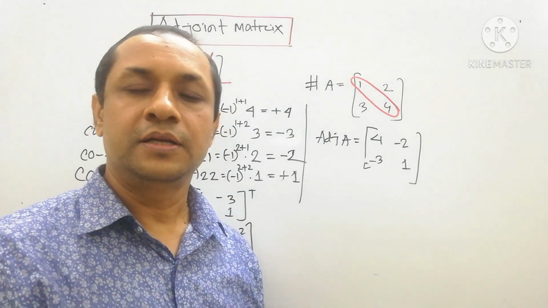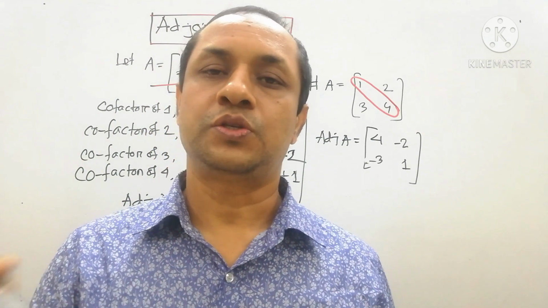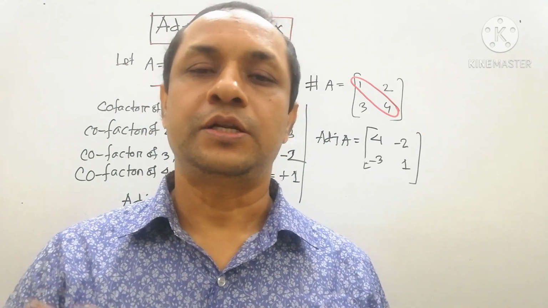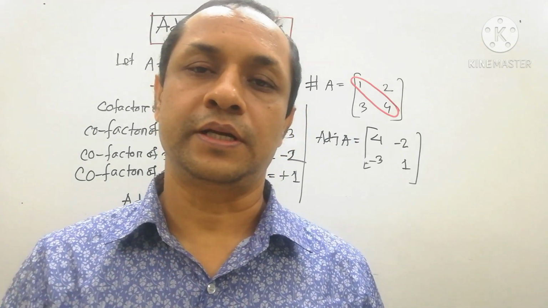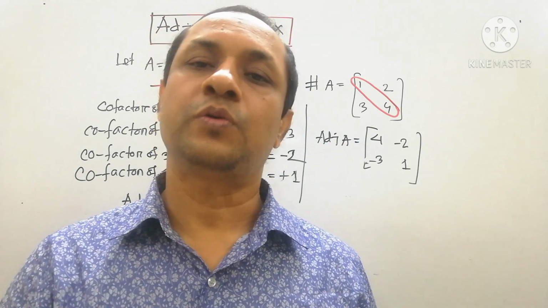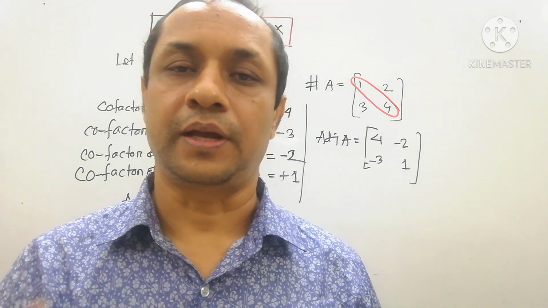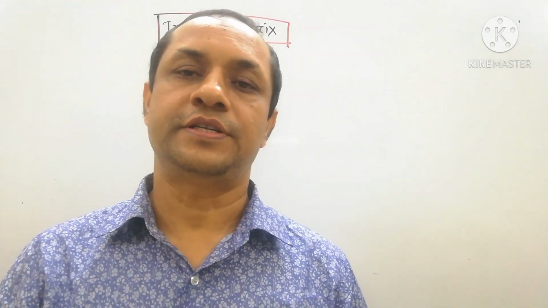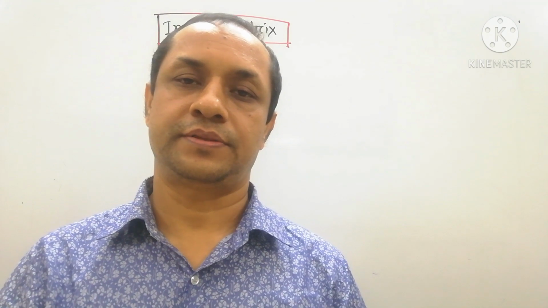So I hope that student you are clear. I say again, student, what do you mean by adjoint matrix? An adjoint matrix is a square matrix formed by interchanging rows and columns of a cofactor matrix. It is denoted by adjoint of A. Student, inverse matrix. What do you mean by inverse matrix?